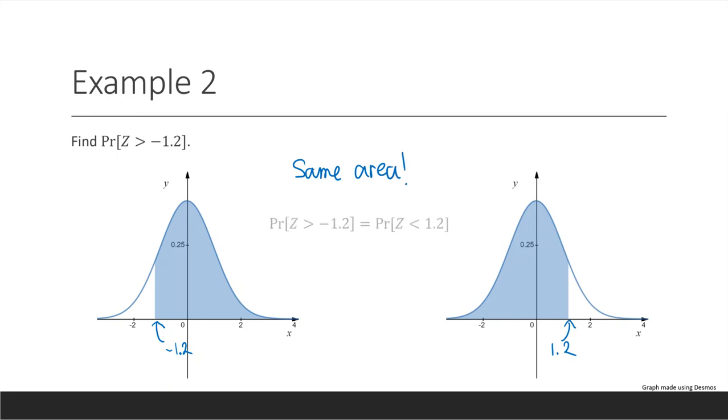In other words, the probability that z is greater than minus 1.2, this guy over here, is the same as the probability that z is less than 1.2. And we know how to compute the probability that z is less than 1.2 using our table, and that's 0.8849.